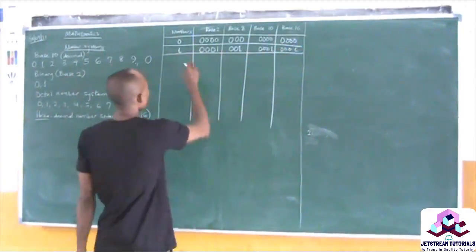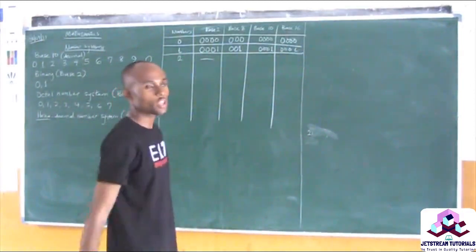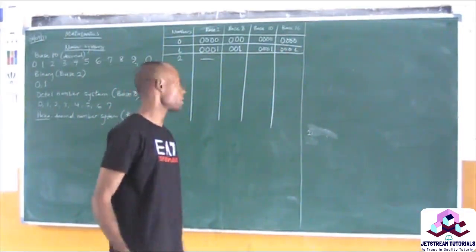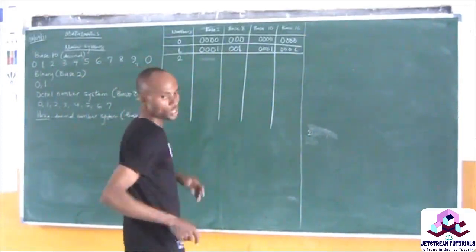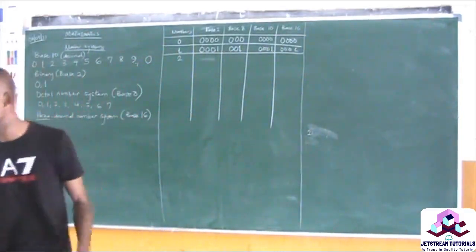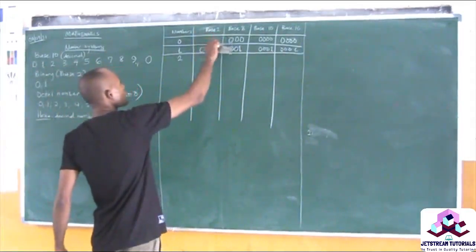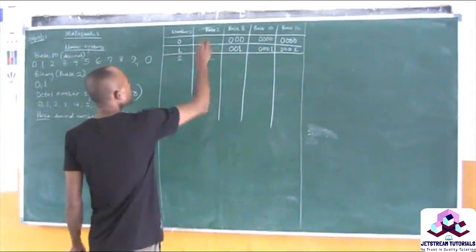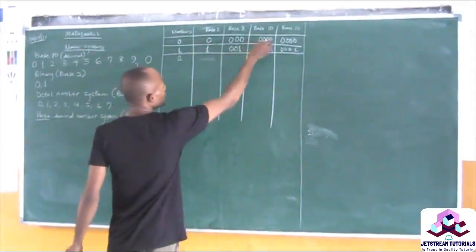Let's continue. When it is 2, here we don't have 2 in base 2, sorry. So for the sake of understanding, so that you will not be confused, let's just have 0 and then 1 here, just the last bit.